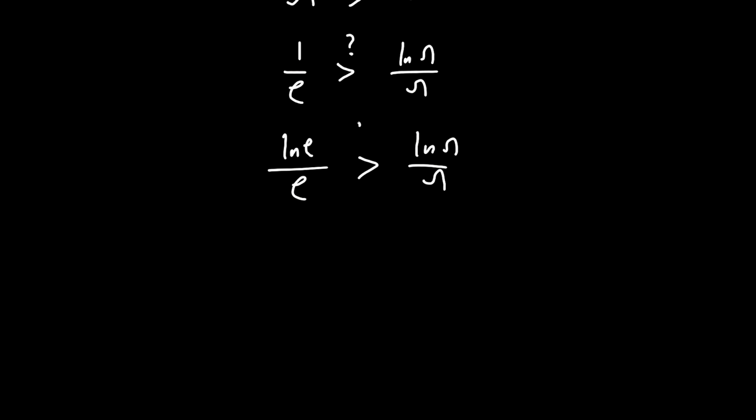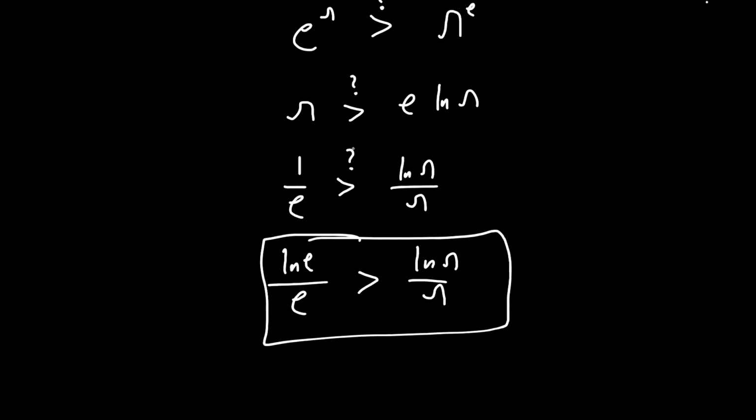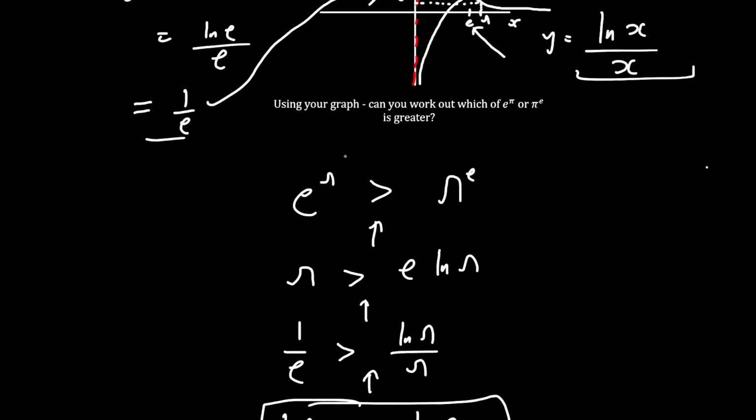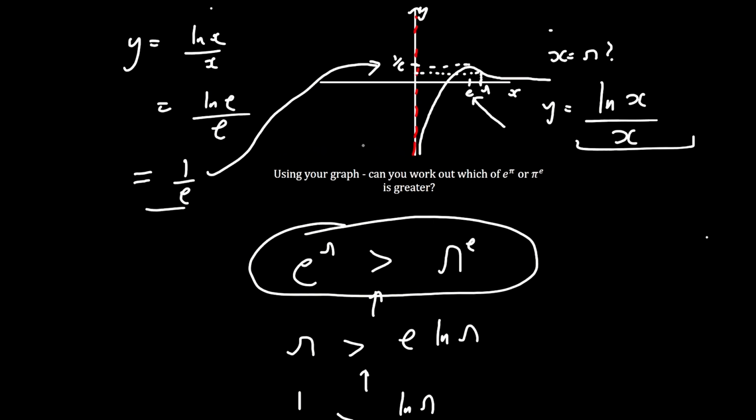So this must be true, and if that's true, the inequality sign, which we guessed, is actually correct, and then we just get rid of the question mark and draw our arrows the other way. And the logic works this way. And yeah, we've solved that problem. e to the pi is greater than pi to the e, and we deduced it using the graph.